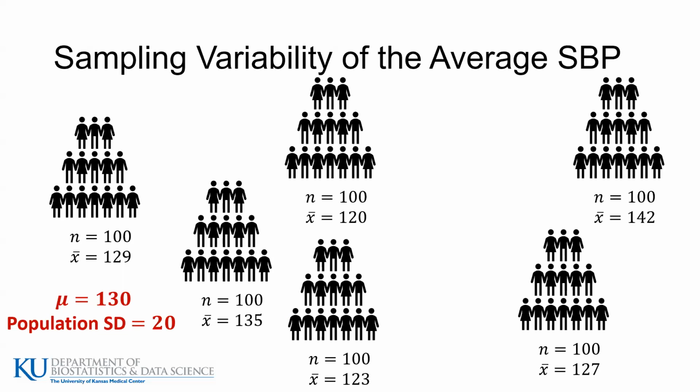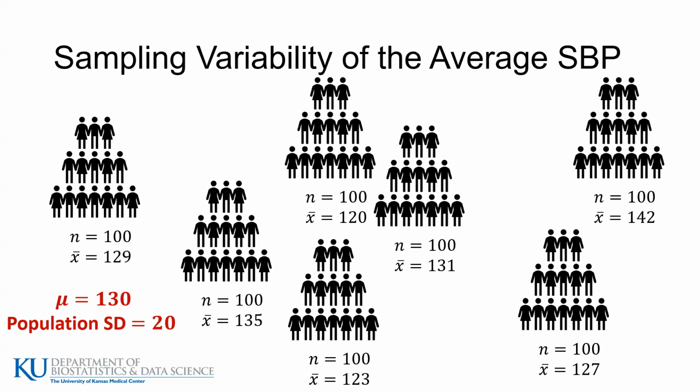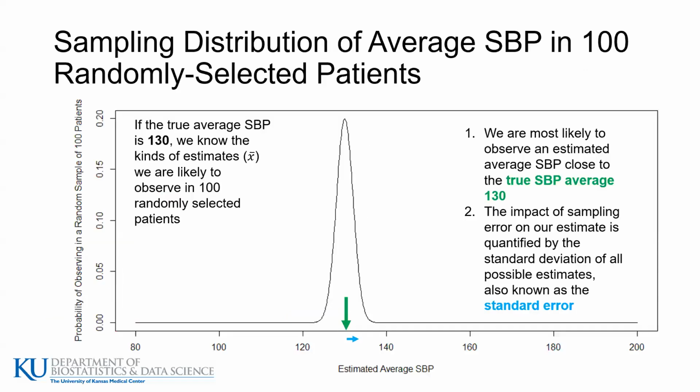These are all different possibilities of the average systolic blood pressure that we can observe within a sample of 100 patients from this population. The only thing changing between these studies is what patients we're sampling from the population. We're always taking 100 patients, but those patients are always going to be different. And so this is referred to as the sampling variation.